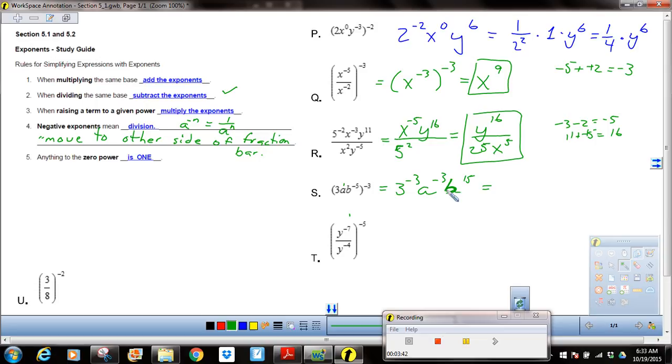These two have negative exponents. I'm going to move them to the bottom. And I end up with b to the 15th power over 3 to the third, which is 27, a to the third power.